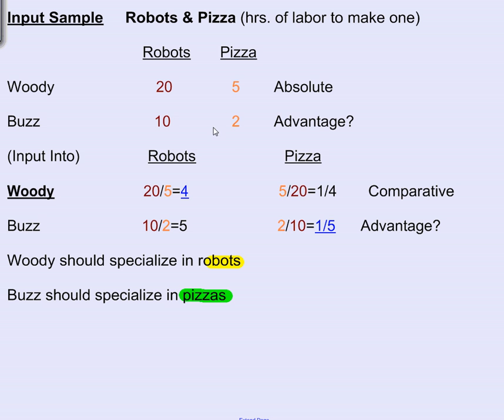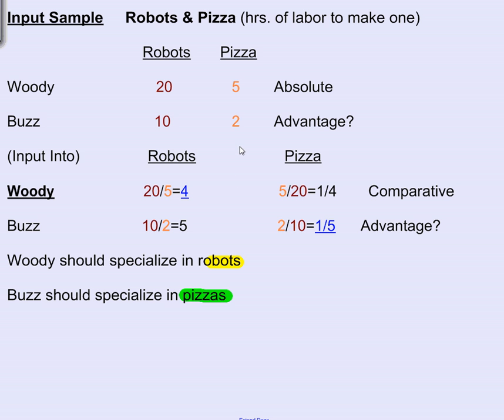So once again, because Buzz uses less labor, he has absolute advantage. So Buzz actually has absolute advantage in both things, making robots and pizza. But the point of comparative advantage is to say that even when you have an absolute advantage in all things, you will still gain by specializing in trading. But what basis do you use? You use your opportunity cost.